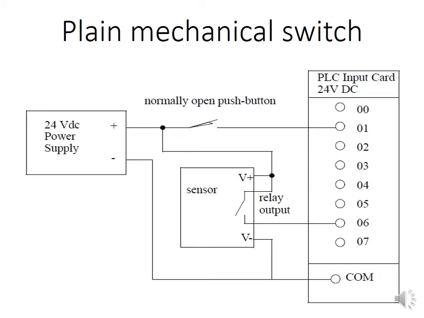The first one is a normally open push button. This push button is connected between the positive terminal of the power supply and point number 1 on the PLC input card. When the push button is pushed, the circuit is closed and there's going to be a flow of current from the positive terminal of the power supply into the PLC input card through input point number 1.